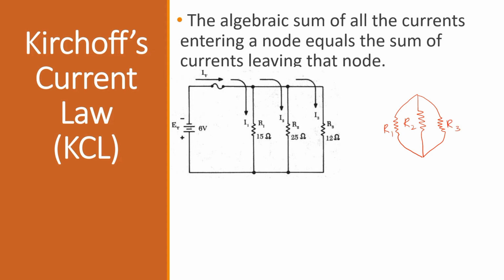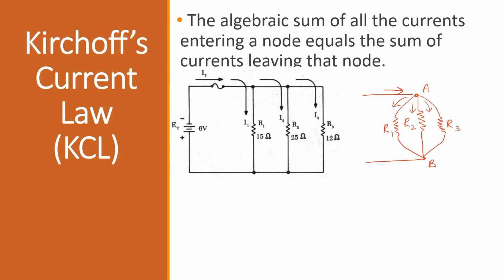So this is node A and this is node B. Now, when we look at node A, here one current is entering and three currents are leaving.